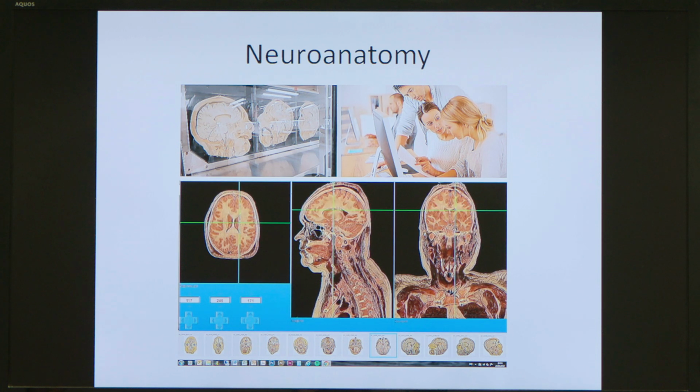As we more and more work with radiological methods, it's becoming more important to also work with sections. And that is also introduced more and more in medical curricula, where you can slice through and look how different parts of the brain appear different according to which orientation plane you're looking at.